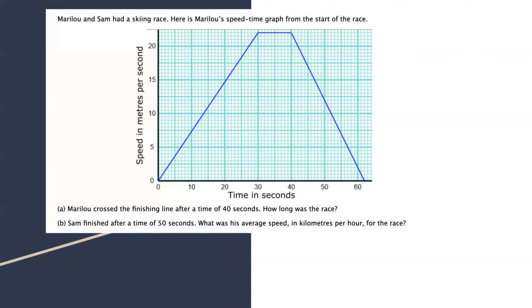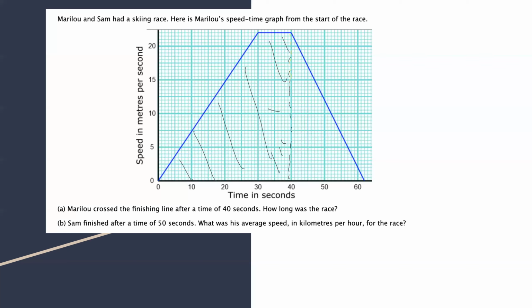If we draw a line here, we're trying to find the area here. It's a trapezoid, so you can find the area easily. I'm not going to do it here. It also says Sam finished after a time of 50 seconds. What was his average speed in kilometers per hour for the race? Notice how it says speed here.